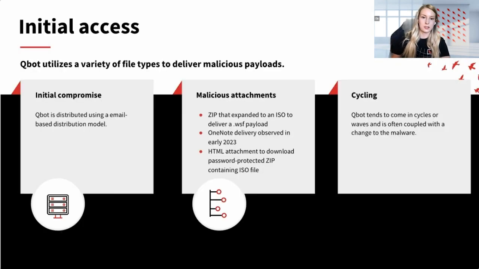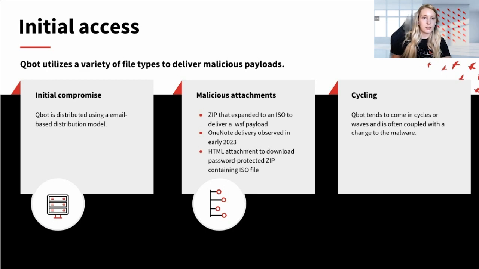Now I'll talk about initial access of it. So it uses an email-based distribution model, but it is constantly modifying the delivery techniques, changing what type of attachment, or if it just gives a URL to go download a file instead of putting the attachment in the email. Some of the examples that we've seen here were zip file attachments that expand to an ISO to then deliver the Qbot payload.